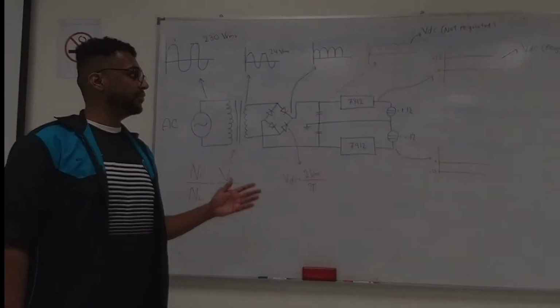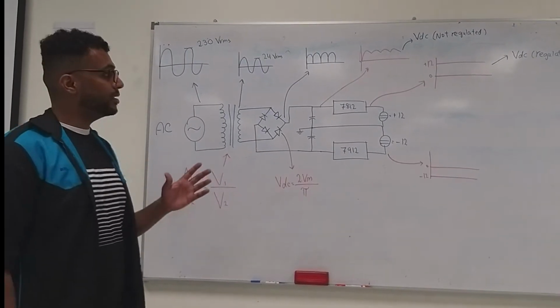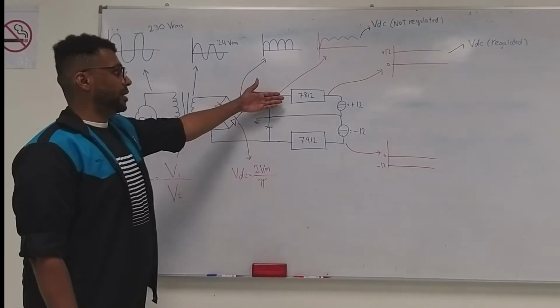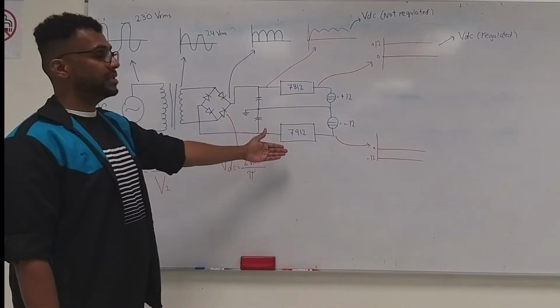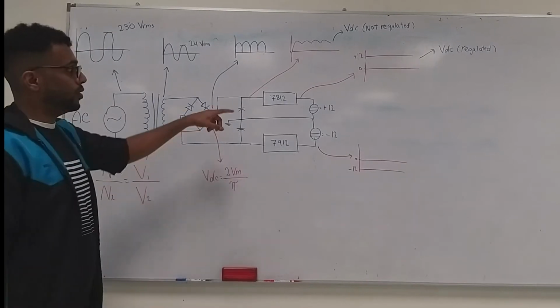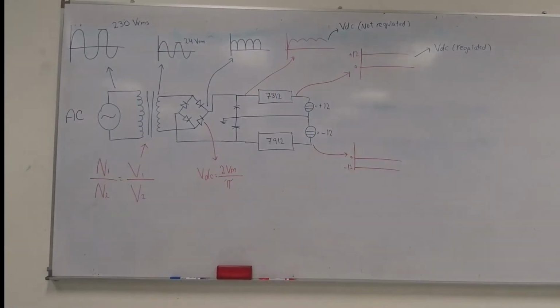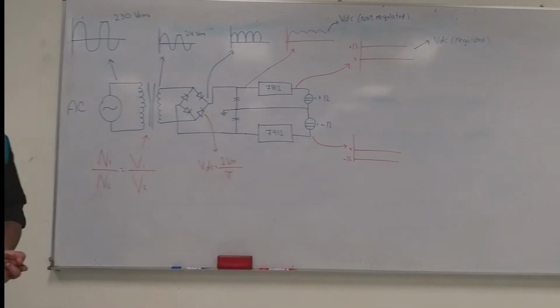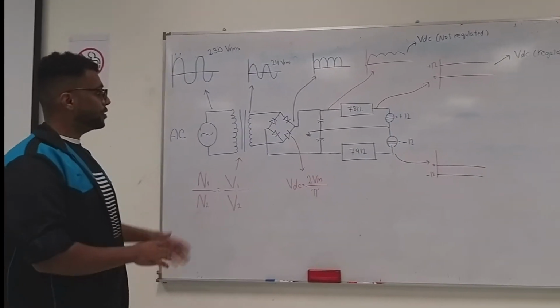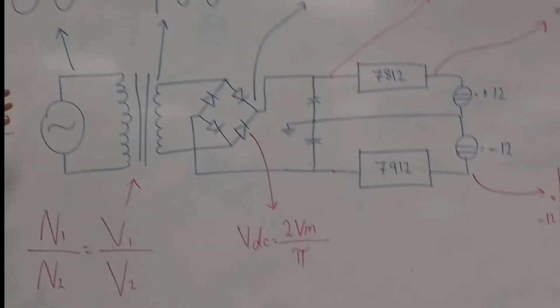Okay, this is basically our circuit diagram for the voltage regulated DC power supply fixed dual, meaning that we're going to have positive output and negative output, and both of them are fixed. For ours, we just chose 12 volt. At the beginning, we connect our transformer with the AC.